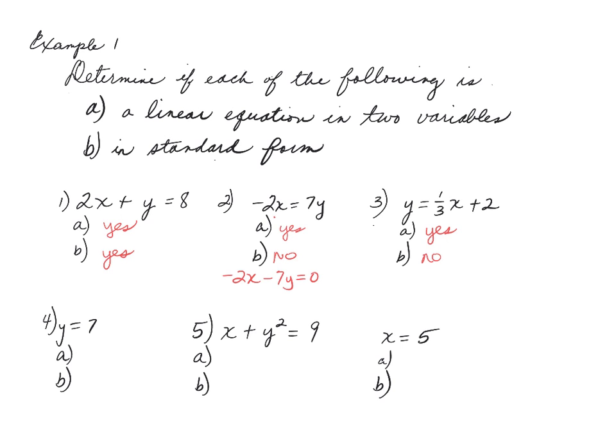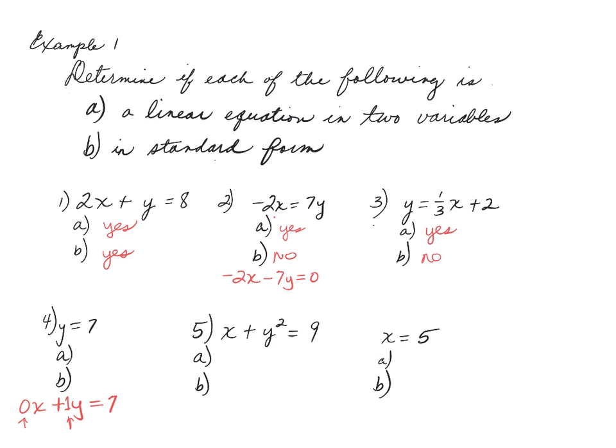Well, yeah. The only thing is that our x would have a 0 as its coefficient. 0x plus y equals 7. Look at that. The coefficient of the x term is 0. The coefficient of the y term is 1.